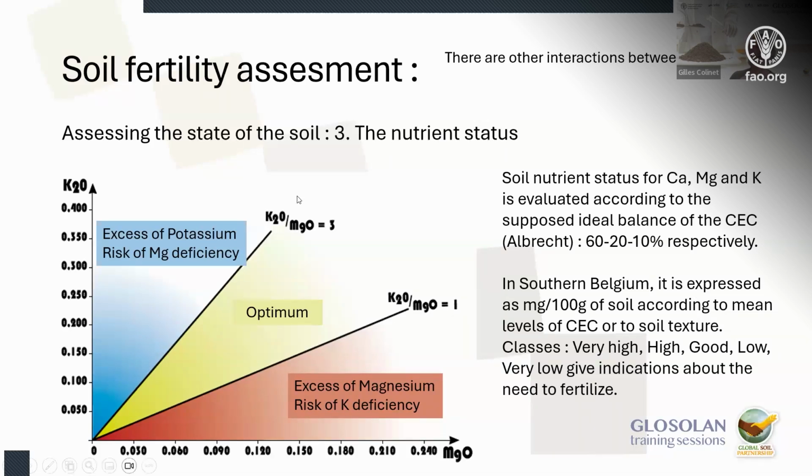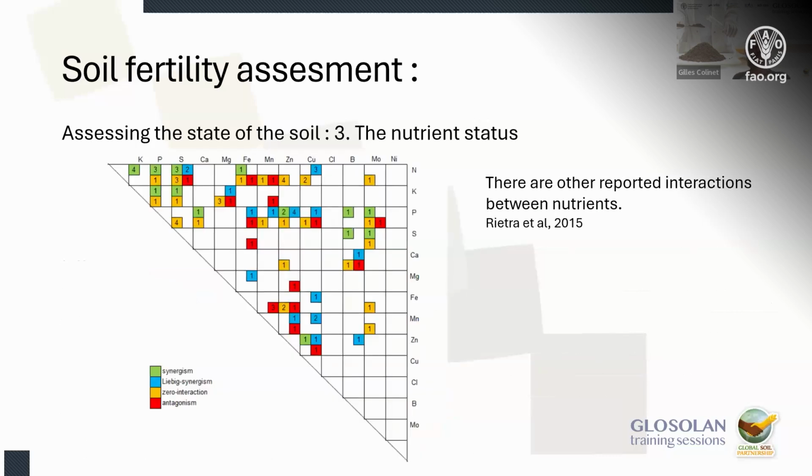If you have too much potassium, you have a risk of manganese deficiency. And if you have too much magnesium, you have a risk of potassium deficiencies in your plant. So it's not only the levels, it's also the equilibrium between the elements that might be important. And there are other interactions that are reported in the literature, such as synergisms, zero interaction, or antagonism.